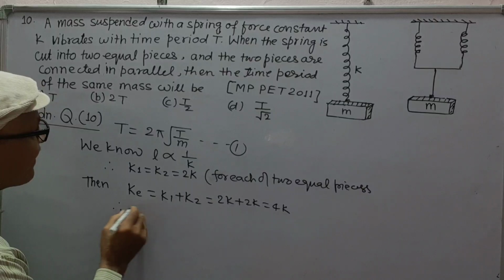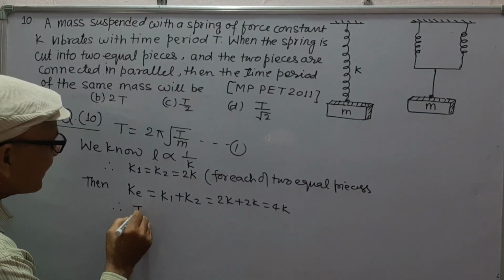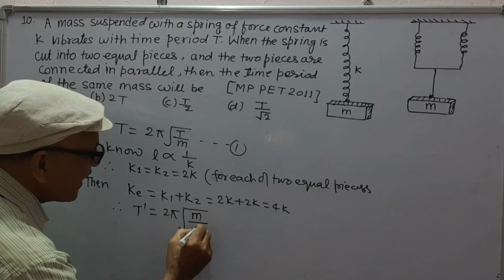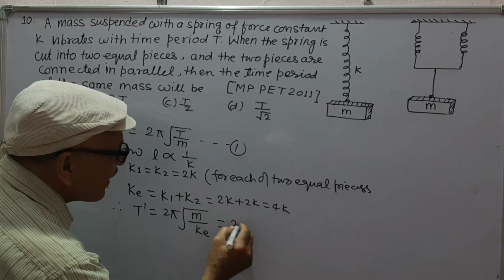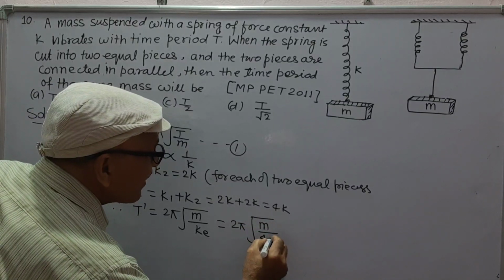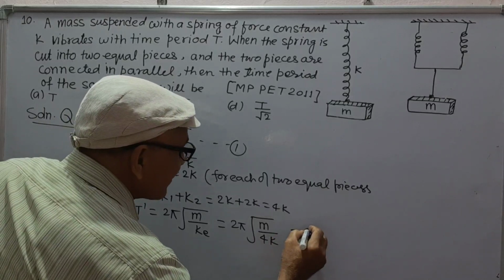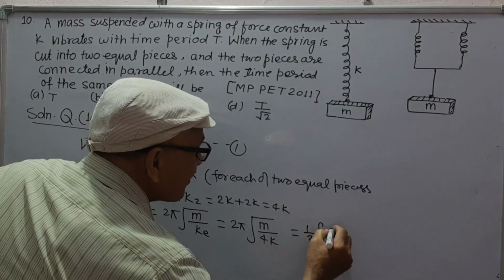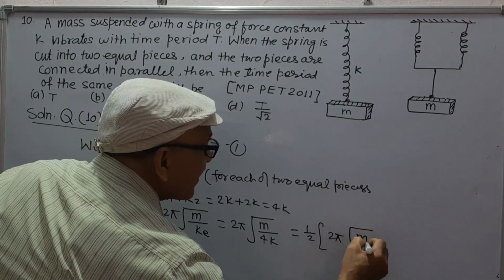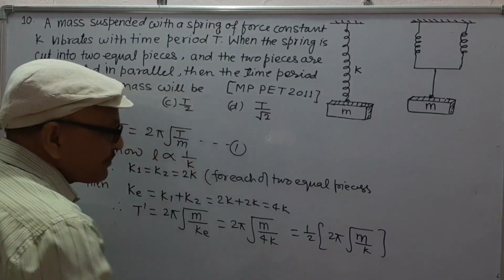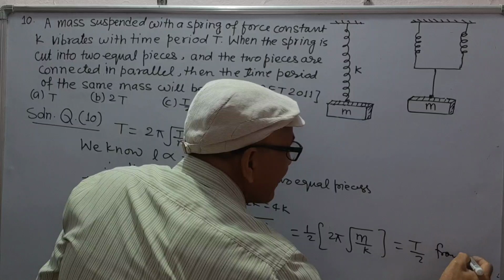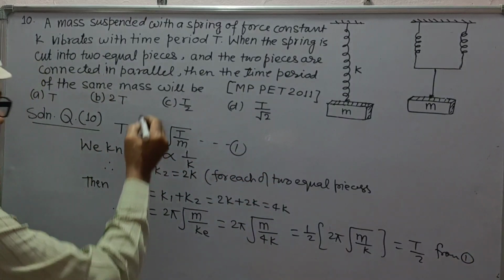Therefore, T dash will be equal to 2 pi under root m upon K effective, which is 2 pi under root m upon 4K, which can be written as 1 upon 2 into 2 pi under root m upon K, which is T upon 2 from equation 1. Thus, the correct option will be C.